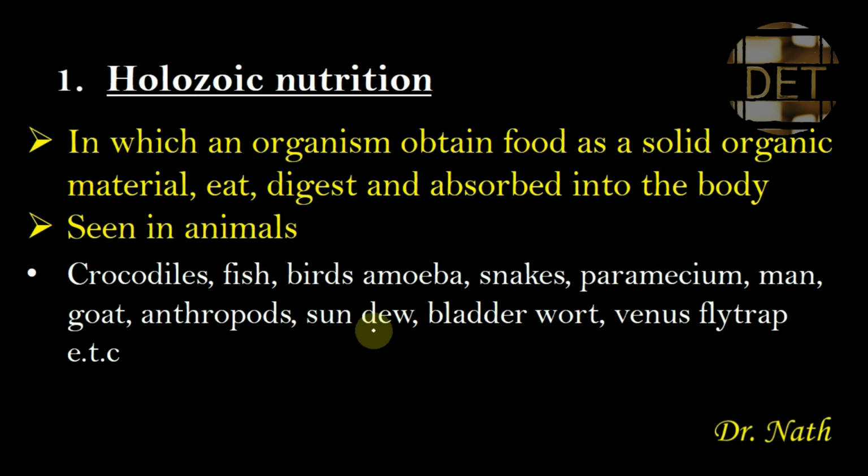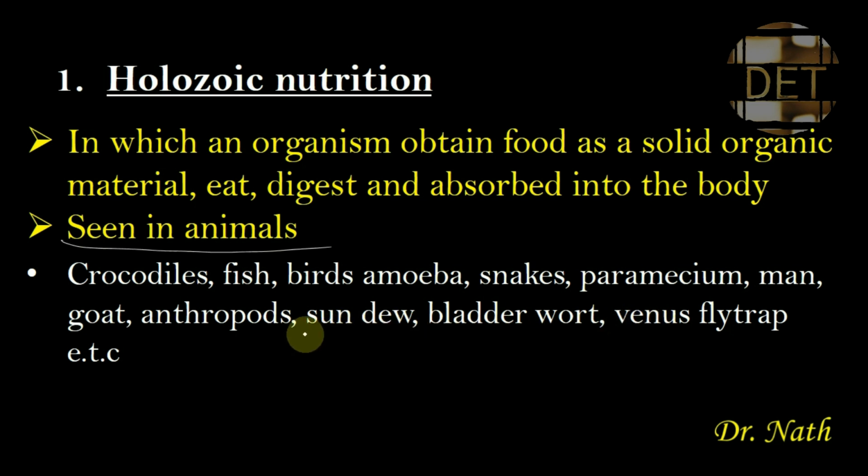So the mode of nutrition in sundew and bladderwort can be described as holozoic. So holozoic nutrition, like I said, is a type of nutrition in which an organism obtains food as solid organic material. They eat it, digest it, and absorb it into the body. And like I said, it is mostly seen in animals. And examples are crocodile, fish, bird, amoeba, snake, paramecium, man, goat, arthropod, sundew, bladderwort, Venus flytrap.